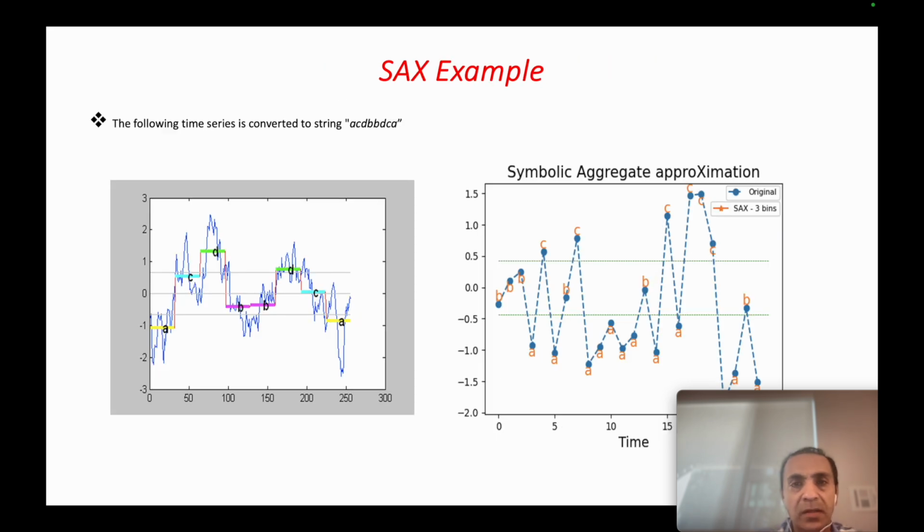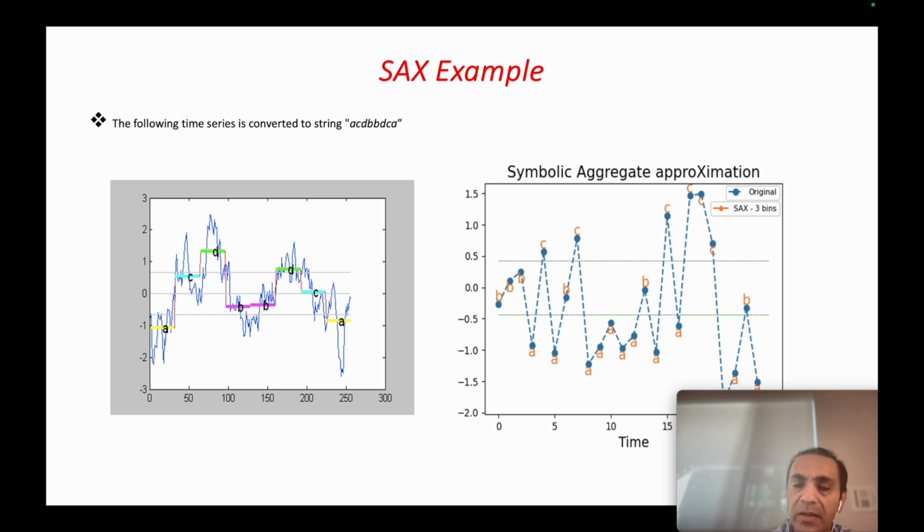This chart shows how we can convert one time series on your left using symbolic aggregate approximation, where we assign those bag of words to the time series data. You can see the SAX approximation method divided the whole time series into three bins.